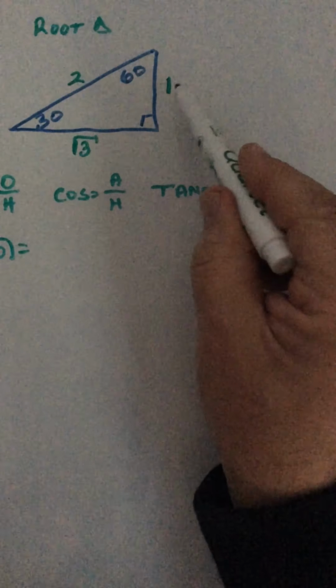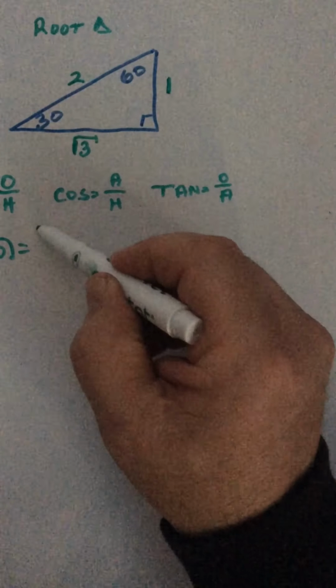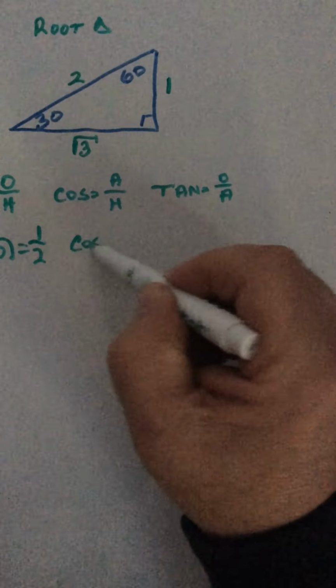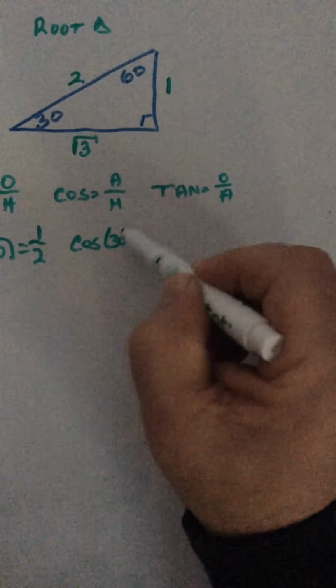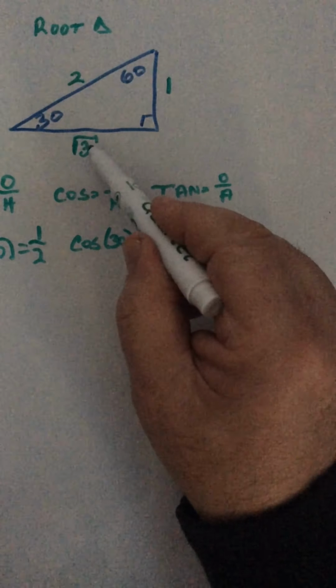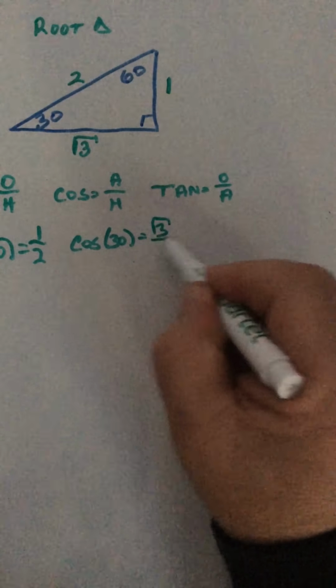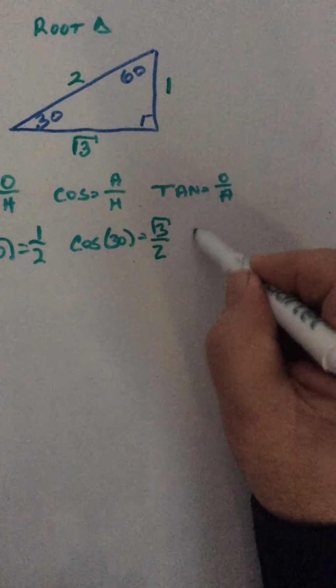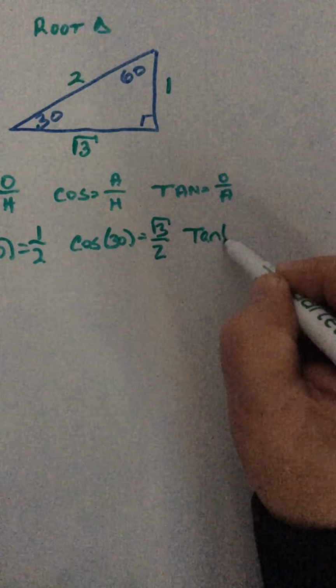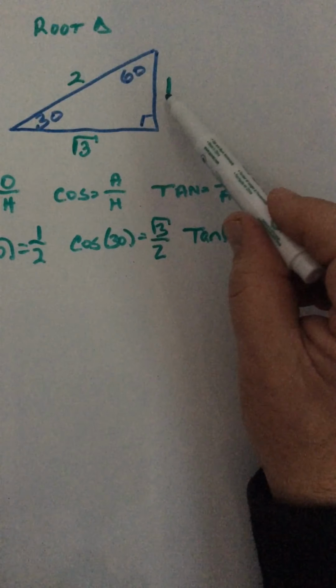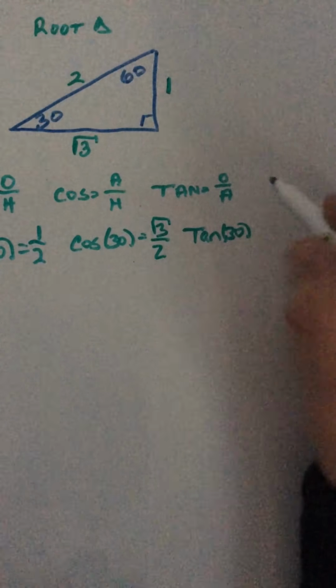It would be opposite over hypotenuse, or 1/2. What is the cosine of 30 degrees? Well, it's adjacent over the hypotenuse, so root 3 over 2. Well, what is the tangent of 30 degrees? It's the opposite over the adjacent, 1 over root 3.